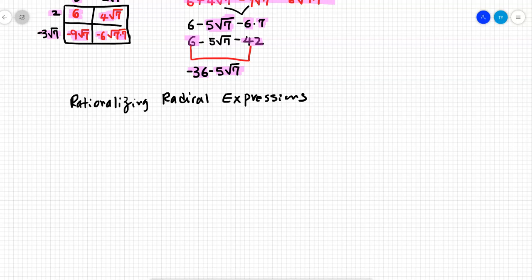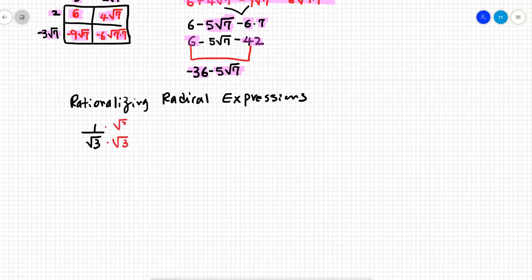Now, for example, let's say we have 1 over square root of 3. We don't want to have a square root of 3 at the bottom there. So what we mean by rationalizing here is that you're just going to multiply top and bottom by exactly the same quantity.